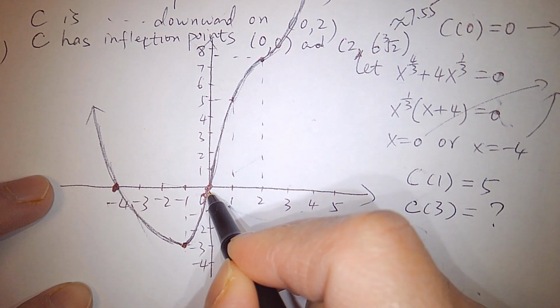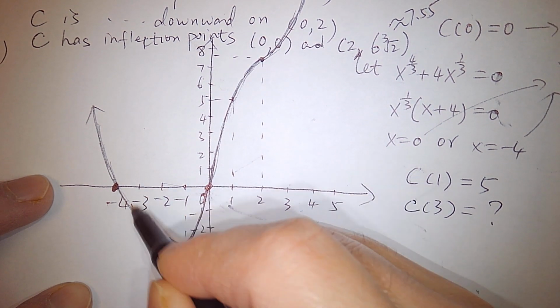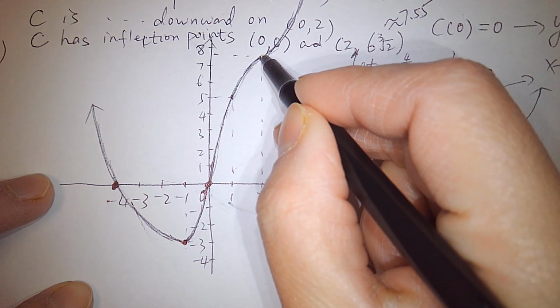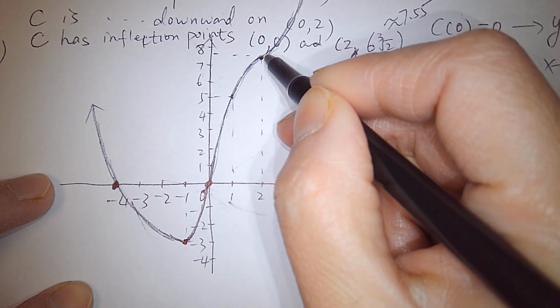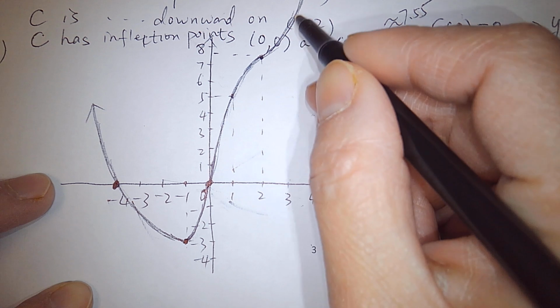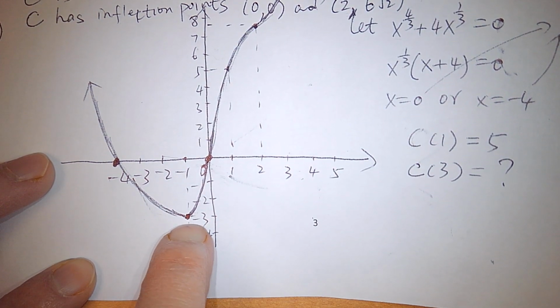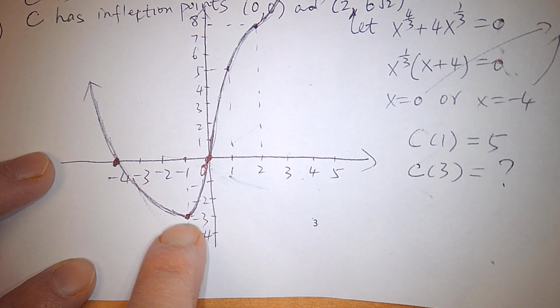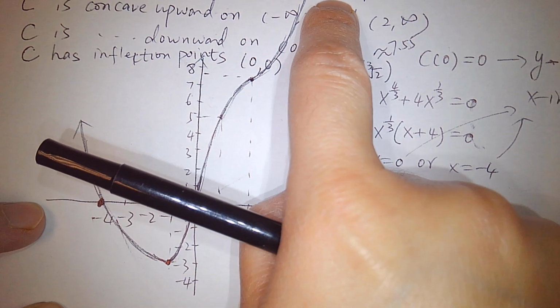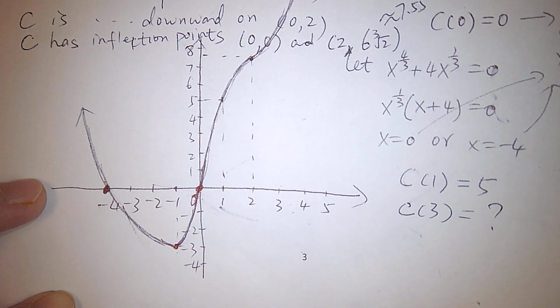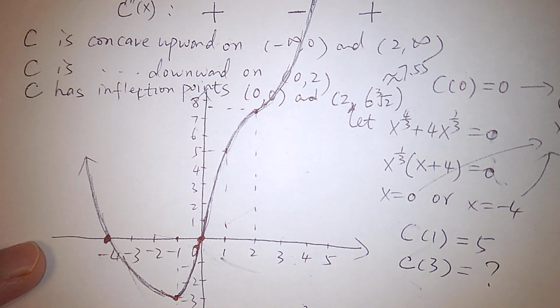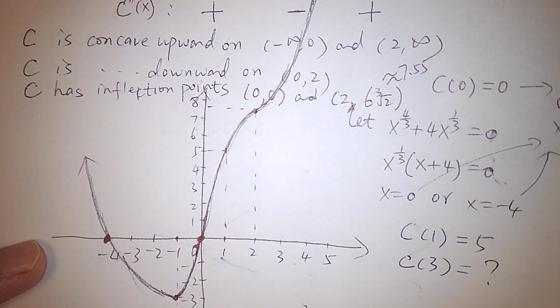This is an inflection point, turning upward to downward. This point is also an inflection point, from downward to upward. And we also have critical numbers: when x is less than -1, it gives us a local minimum value, but it will not have a local maximum. Alright, so this is question 2, the last question from section 4.3.